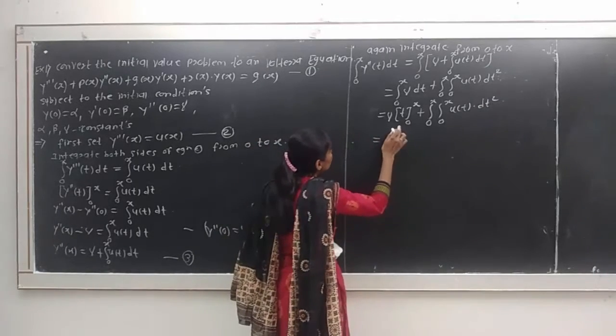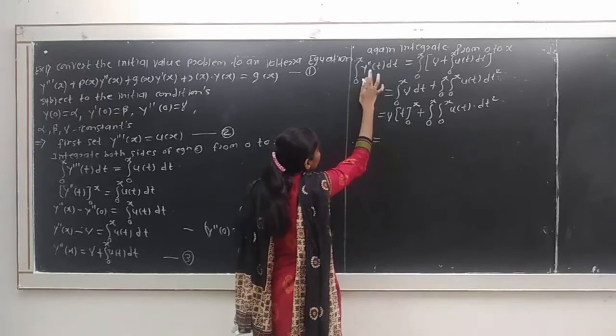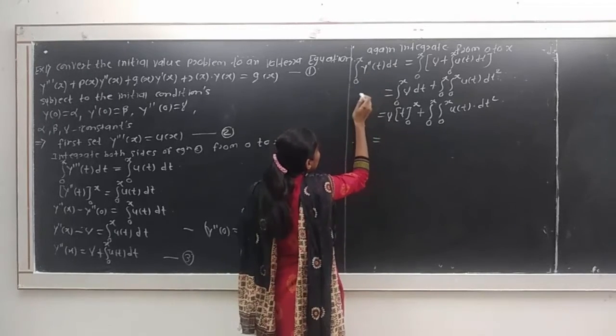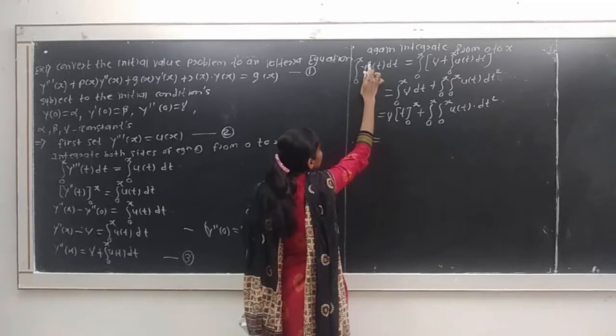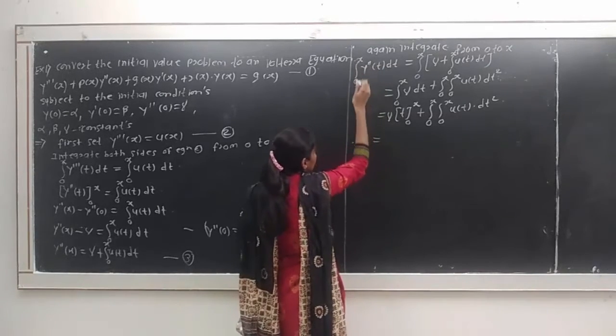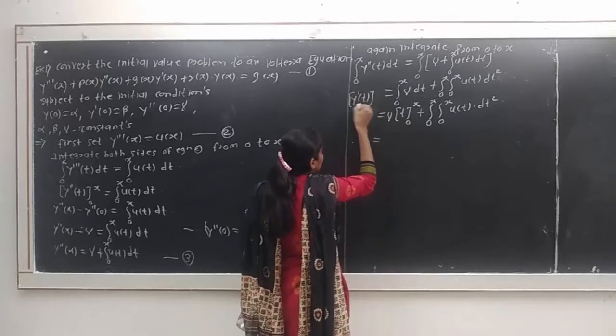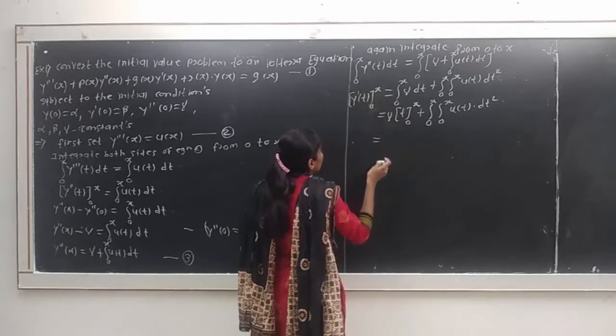Then if we put limits here, and also in the LHS if we take the integration, we get this double derivative, and one derivative and one integration get cancelled, and we get the integration of y dash of t from 0 to x.